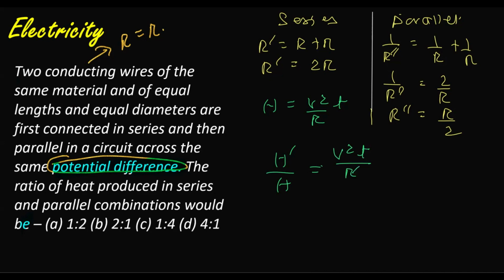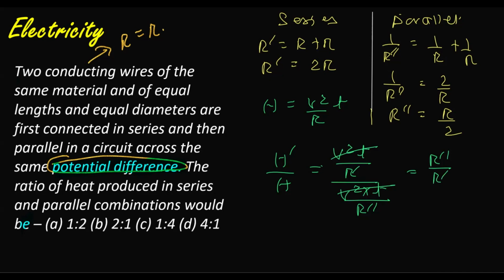That divided by, in the next case, V square T, and the resistance in parallel is R double dash. You can figure out that these get cancelled, so V square T are same. On simplifying, it comes as R double dash over R dash.